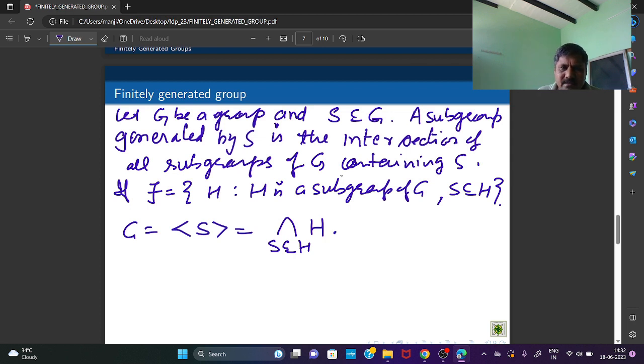So this concept requires the knowledge of subgroups. We know that the intersection of two subgroups is again a subgroup, so this is a subgroup, and in that case this becomes identical to this.